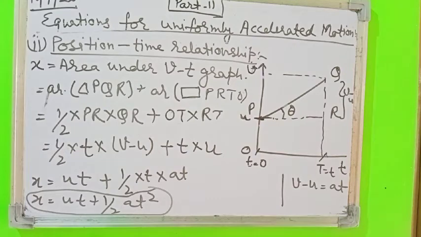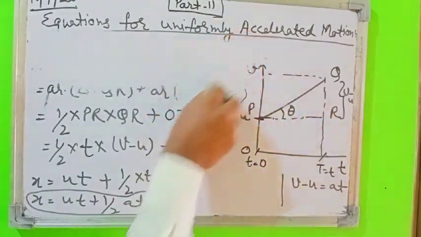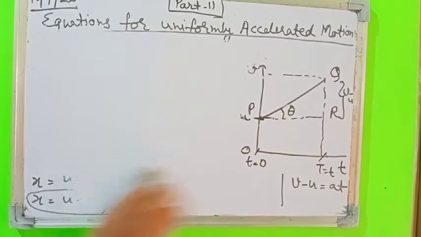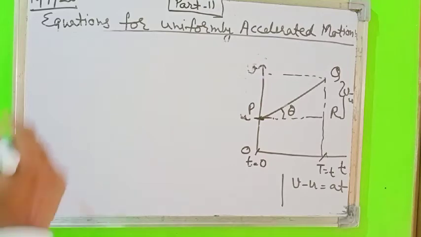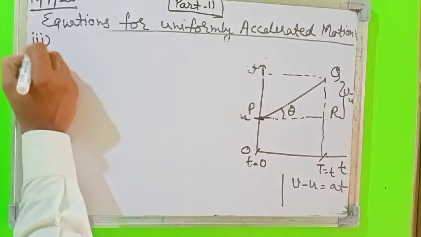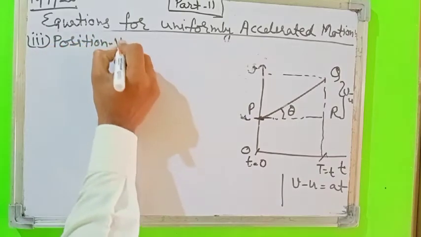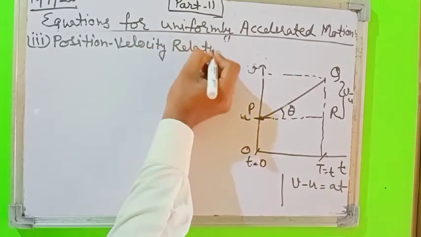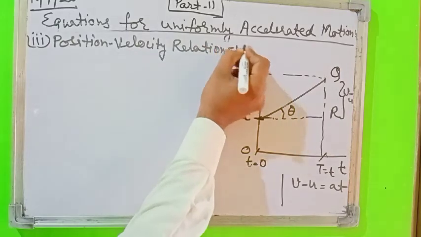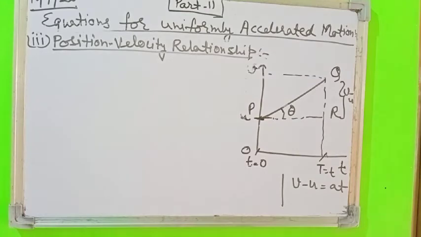Now the next one is the position velocity relationship. The third one is the position velocity relationship.